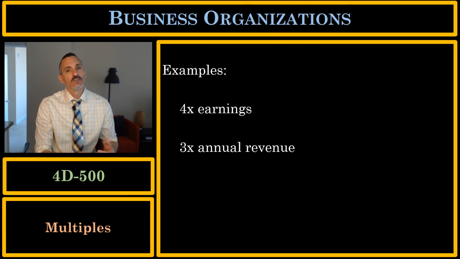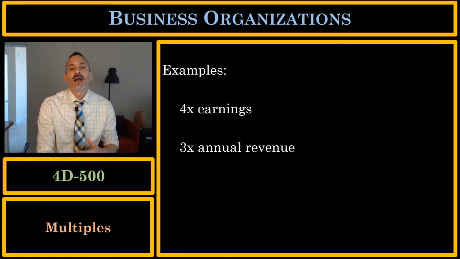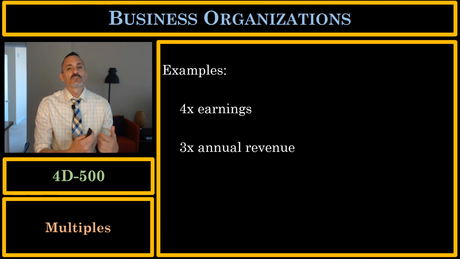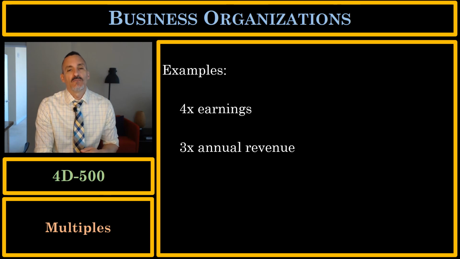So we'll do some sort of multiple, like 3 times annual revenues, to try and value the company. You might say, where did you come up with 3 times annual revenue? Well, I didn't come up with it. The finance people did, so we'll blame it on them. And they came up with that based on their experience valuing other companies. So those are some other valuation methods. As we go later in the course, we'll see discounted cash flow again. We'll also see book value again.